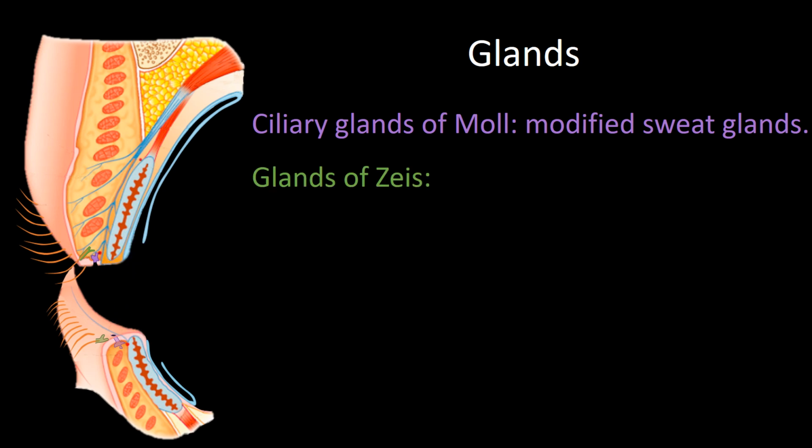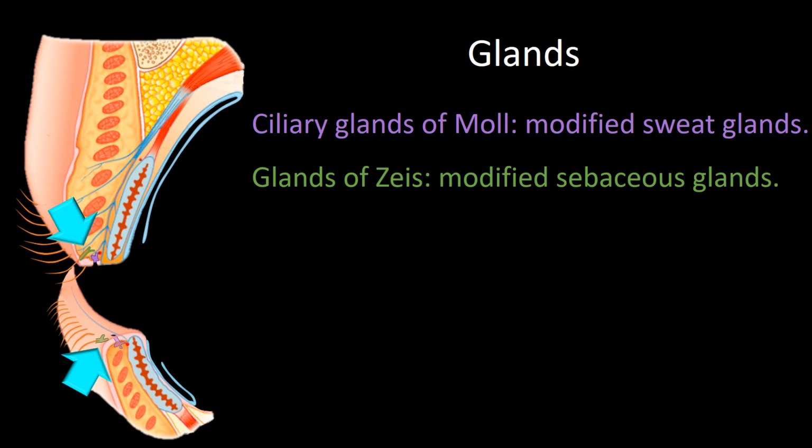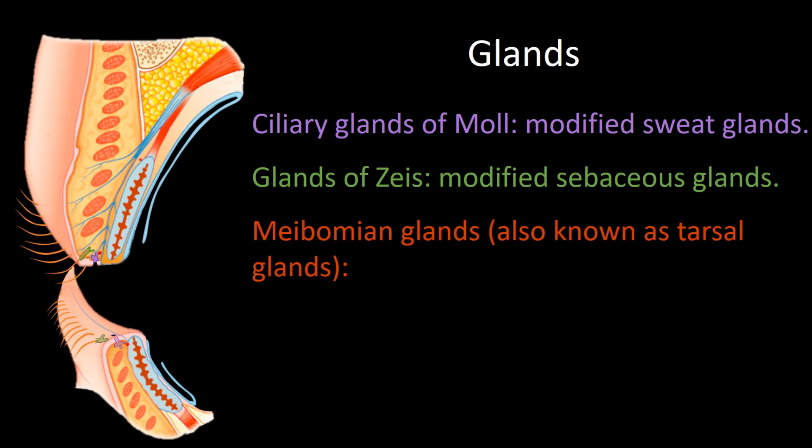The glands of Zeis, which are modified sebaceous glands, here indicated at the root of the eyelashes, and the Meibomian glands, also known as tarsal glands because of their location in the tarsal plates.